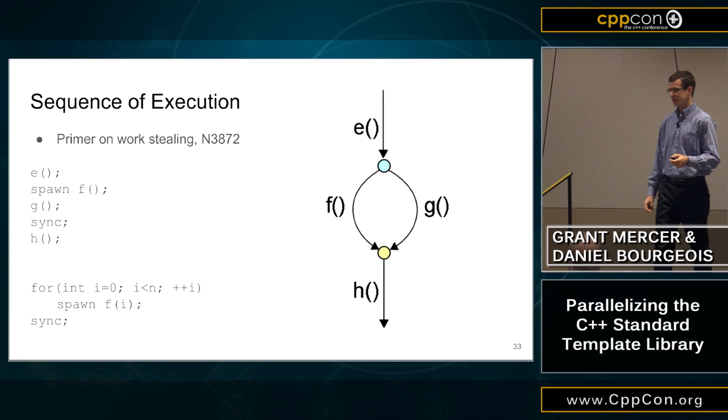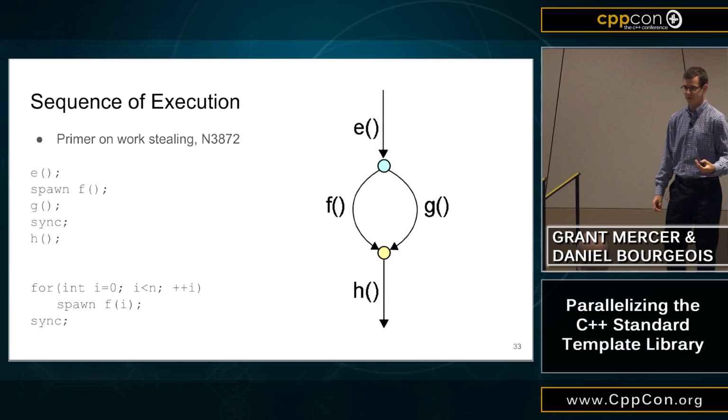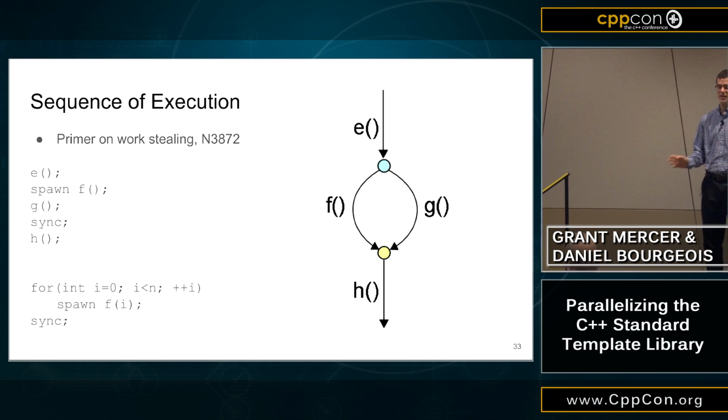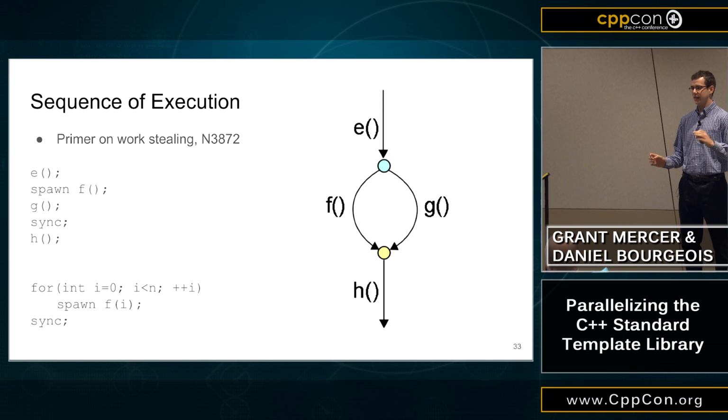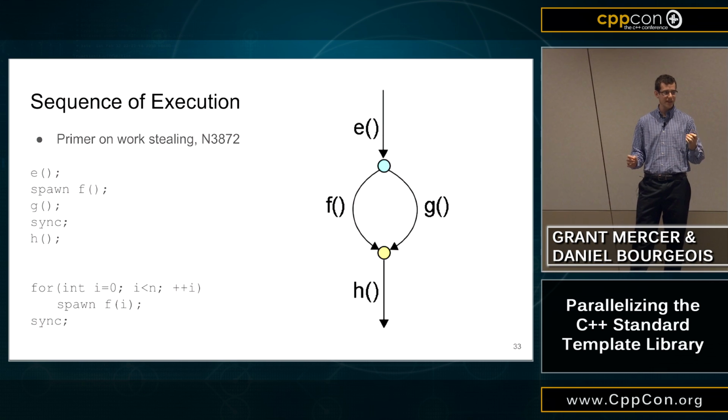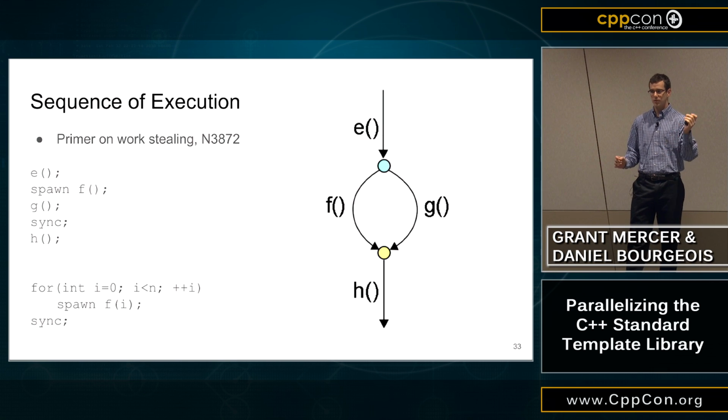I make this point not just because it was a good primer on work stealing, but because at the bottom, they explain why this is important. If we have no other processors available and we're using async to launch our n calls of F, then that async launch policy will call F n times, so we're wasting a lot of memory.